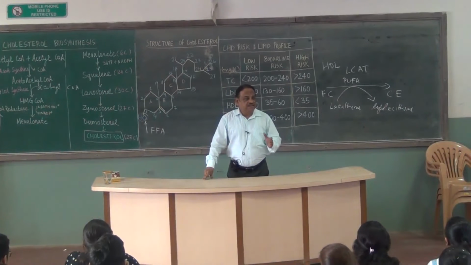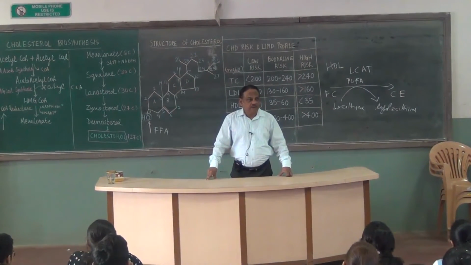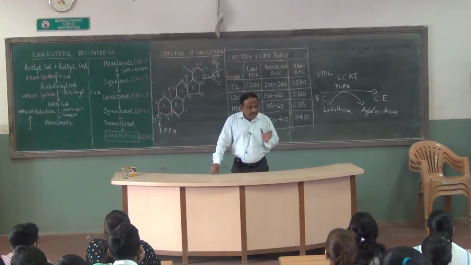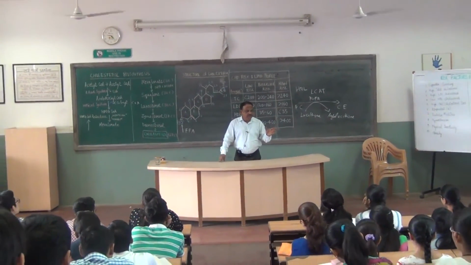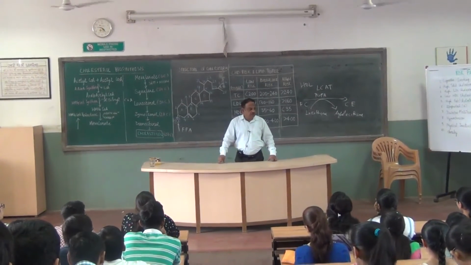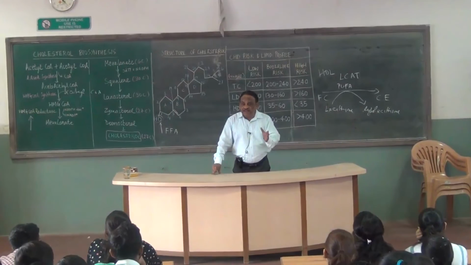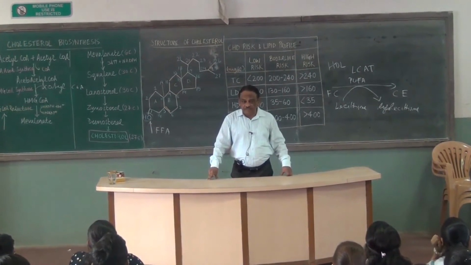Otherwise, in males, fat is more in the abdominal region, so it can be metabolized faster and go to the liver, where it will be converted to VLDL. VLDL can be converted to IDL and LDL, so LDL will increase.